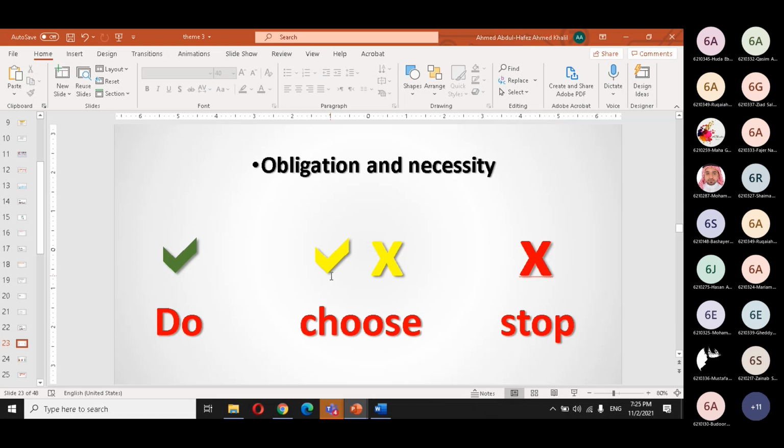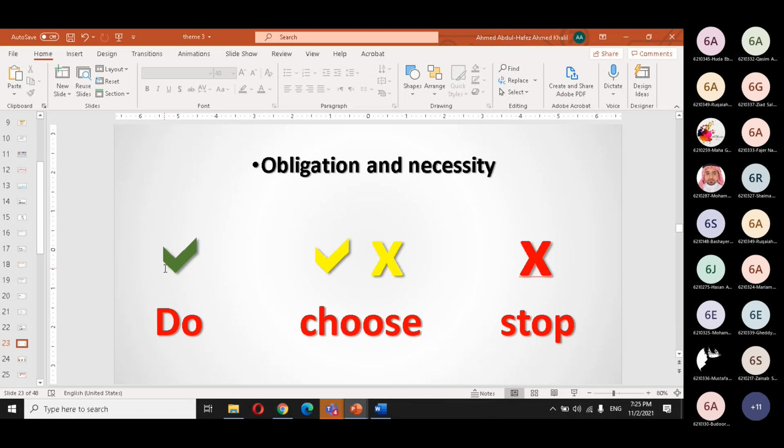Again, sometimes it is necessary to do something, like for example, when the traffic light is red. Here it is necessary to stop. It is necessary to stop when the traffic light is red.